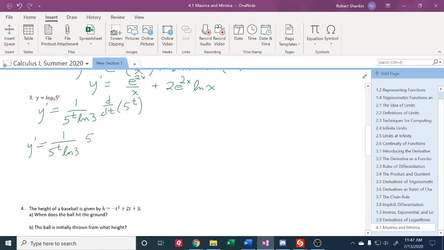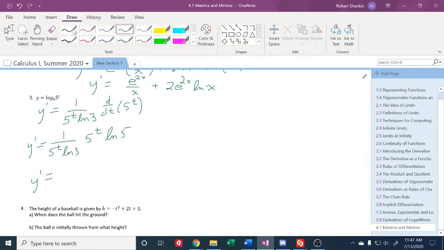So the derivative of 5 to the t is 5 to the t, and then a penalty factor for not having the correct base, ln 5. Now, what happens is cancellation. And I get ln 5 over ln 3.